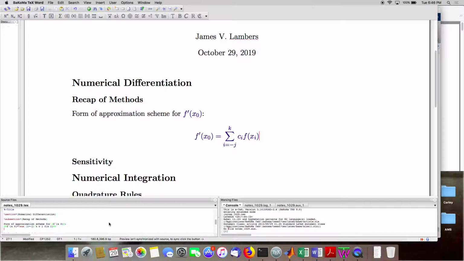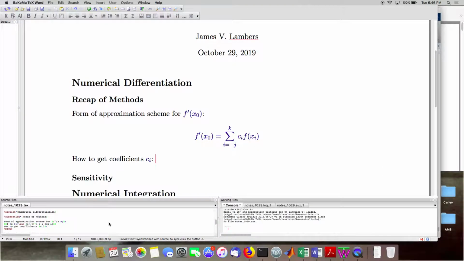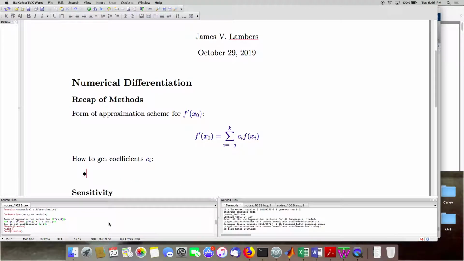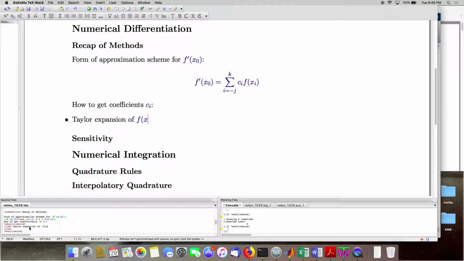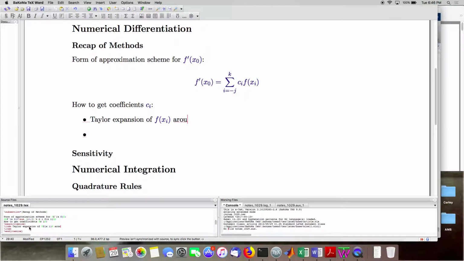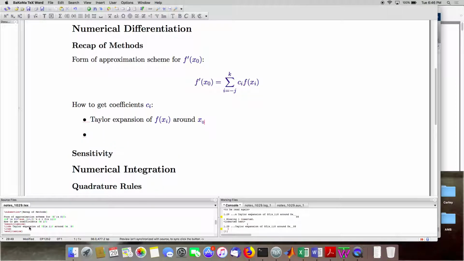Okay, so how to get the coefficients c_i: two approaches that yield the same result. Okay, the first one was Taylor expansion of f of x_i around x naught.